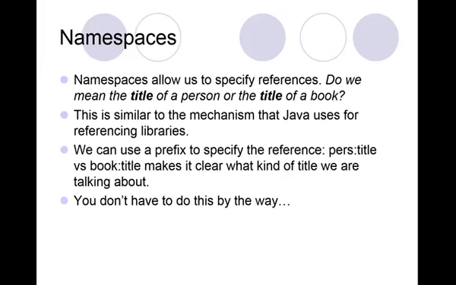So we have a mechanism here in XML where we use this. And so if we look at this, pers:title, this is the person namespace, and that means the title from that namespace. And book:title means the title from the book namespace. Okay.